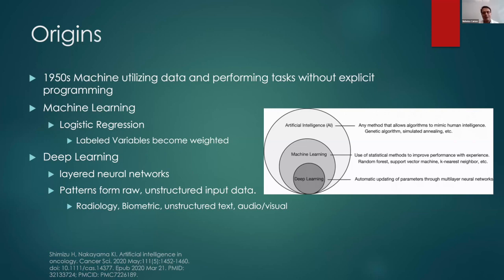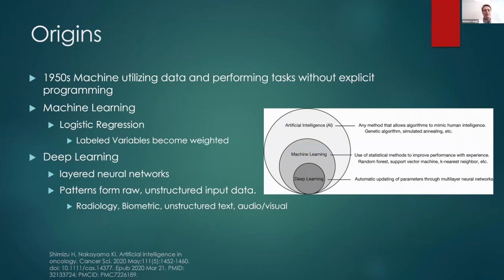And deep learning is the more specific term for what we colloquially refer to as artificial intelligence. Also in the literature, when we talk about artificial intelligence, we're really talking about deep learning.